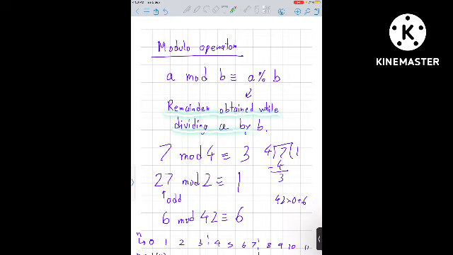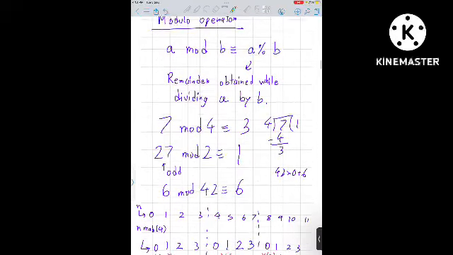Let me give you an example that will clear it all. Let's say I want to do 7 mod 4. When I divide 7 by 4, 4 ones are 4, the remainder is 3. So 7 mod 4 is 3. 27 mod 2, since 27 is an odd number, the remainder will be 1. 6 mod 42, 6 is less than 42, so 42 times 0 plus 6, the remainder will be 6. Is this modulo concept clear?